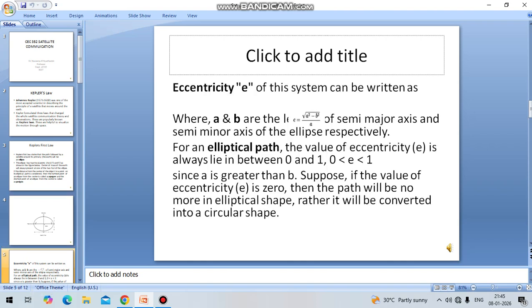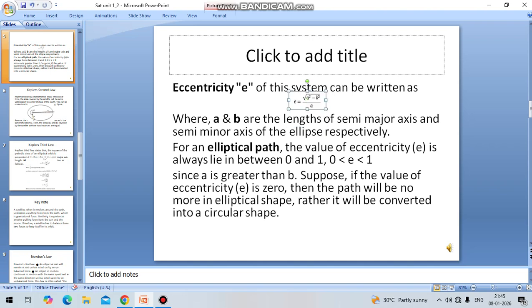The eccentricity E of the system can be written as E equals square root of A square minus B square, divided by A, where A and B are the lengths of the semi-major axis and semi-minor axis of that particular ellipse. For an elliptical path, the value of the eccentricity lies between 0 and 1.